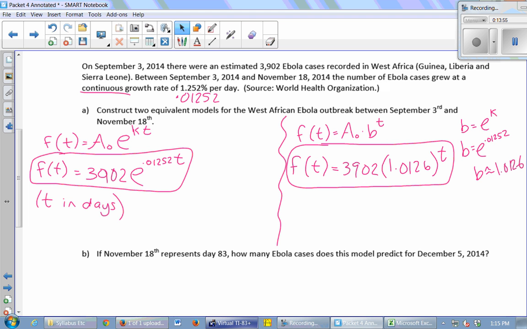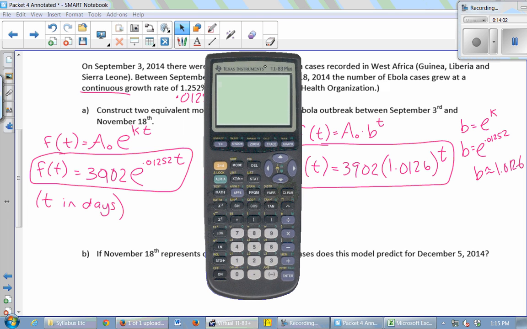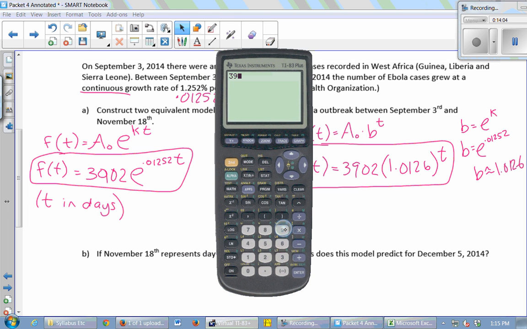So we want to know how many Ebola cases the model predicts. So I go to my calculator. If I use this model, I have 3,902 times e to the 0.01252 times 83. And it says about 11,030 cases.